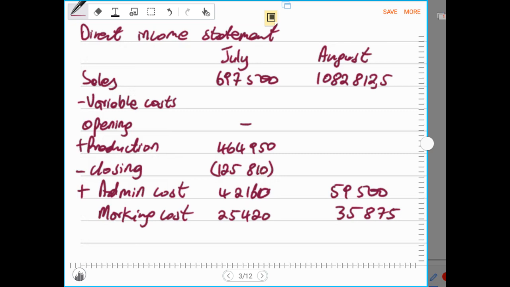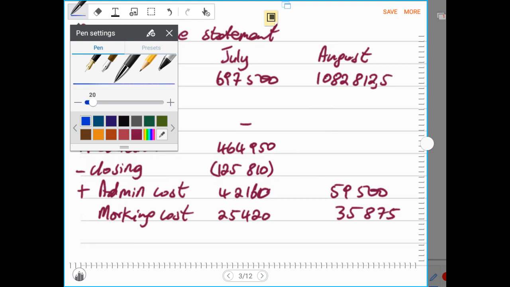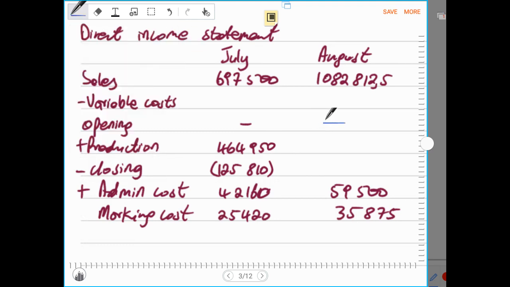Remember, the closing value of the inventory becomes the opening for the next month. That does not change. Therefore, now it will be exactly the same. Just change the color. It will be opening of 125,810.